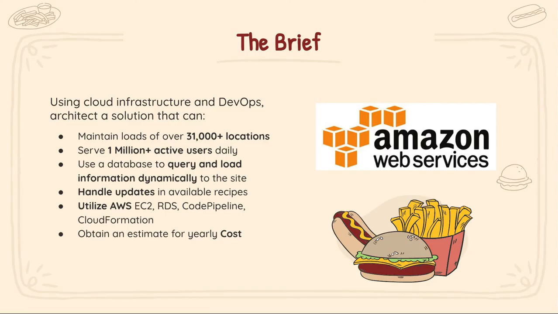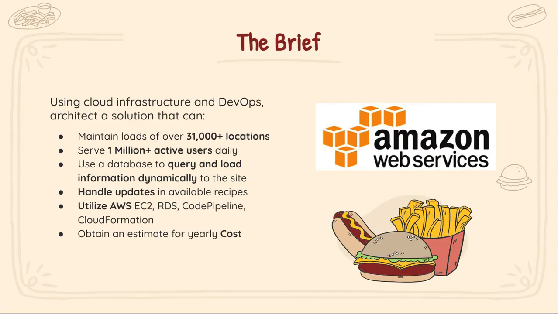Exactly. This is a brief going over the project that we've taken on: the infrastructure and DevOps for a solution that can maintain a load of 31,000 plus locations while being able to provide 1 million plus active users with the content that they need.